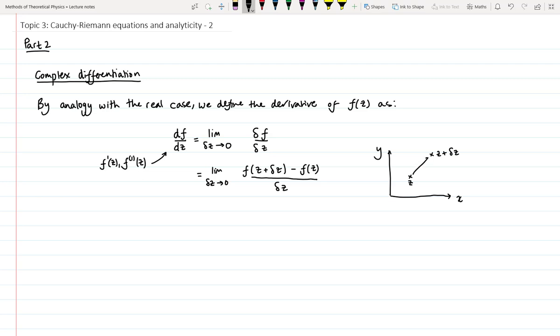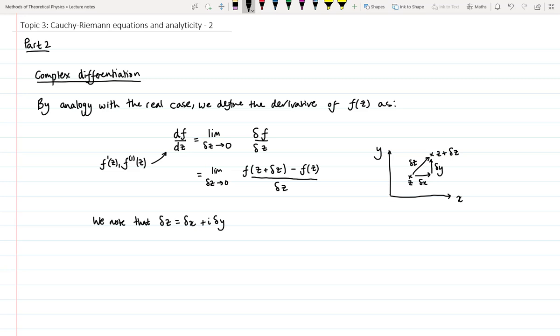So there's this distance, which we can label as delta z, and we can also write this as the sum of some real increment delta x and some imaginary increment delta y. We note that we can write this small change in the complex parameter z as a sum of a small change in the real parameter plus a small change in the imaginary part.